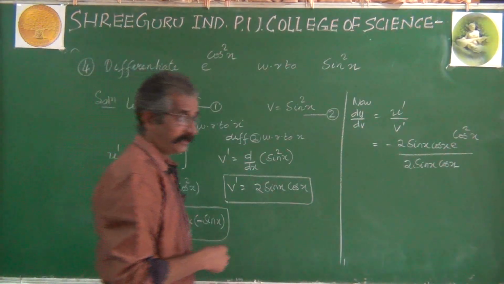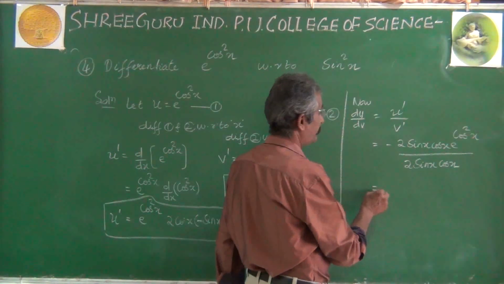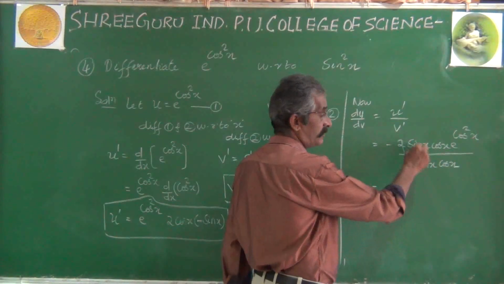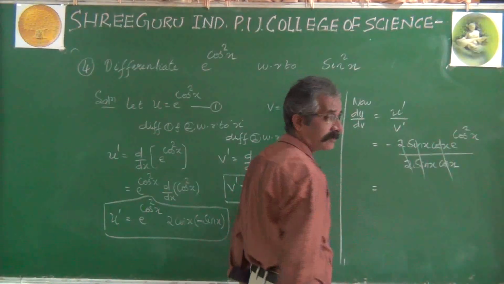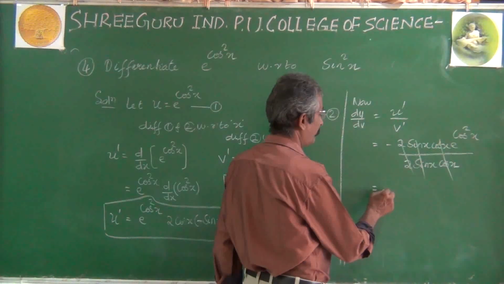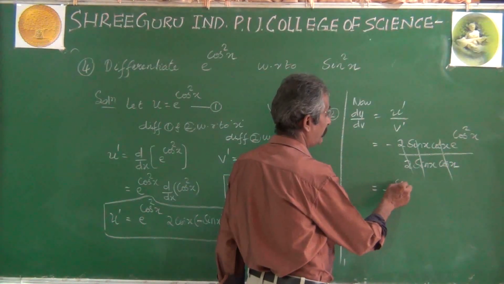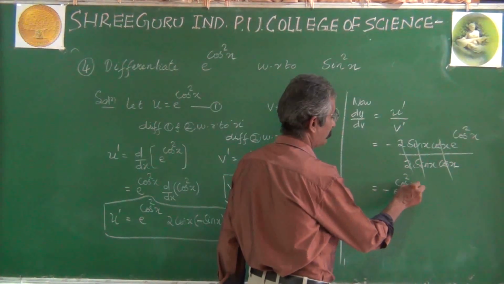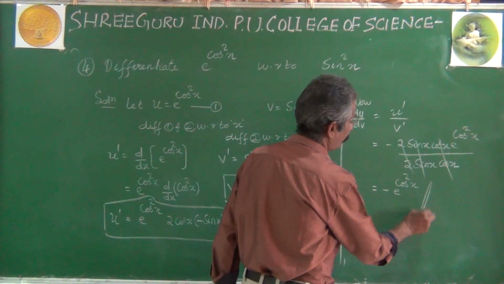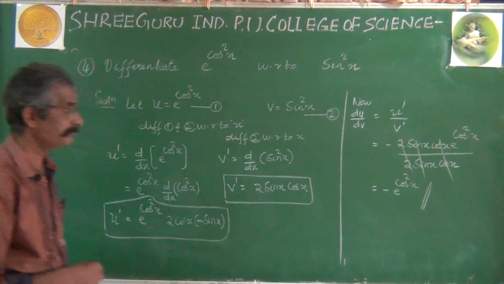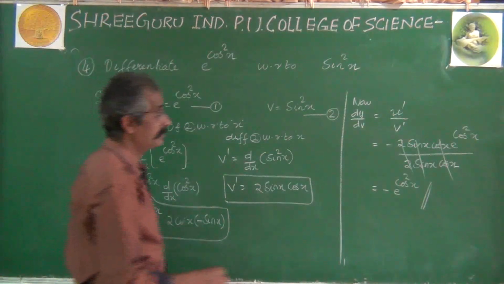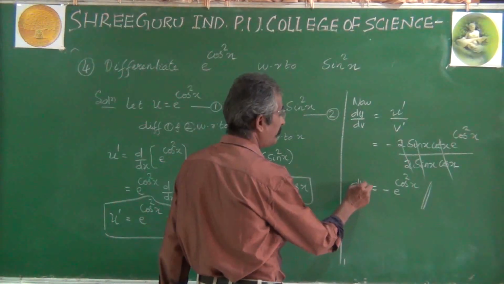Next, simplification: 2 cancels, sin x cancels, as well as cos x cancels. The final answer is minus e raised to cos square x. That's the required value for du by dv in this case.